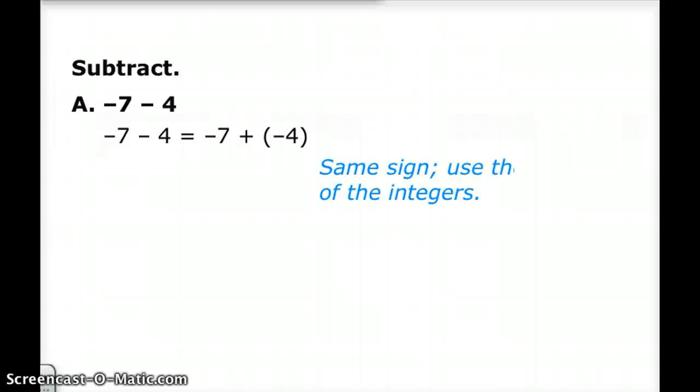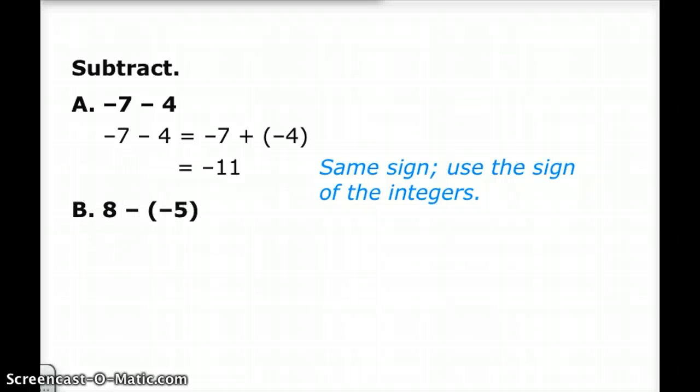Okay, let's look at example A for subtraction. Negative 7 minus 4. We could rewrite this as negative 7 plus negative 4. Looking at it in that form, we realize all we're doing is adding the two negative numbers. So when we add negative 7 and negative 4, we get an answer of negative 11.